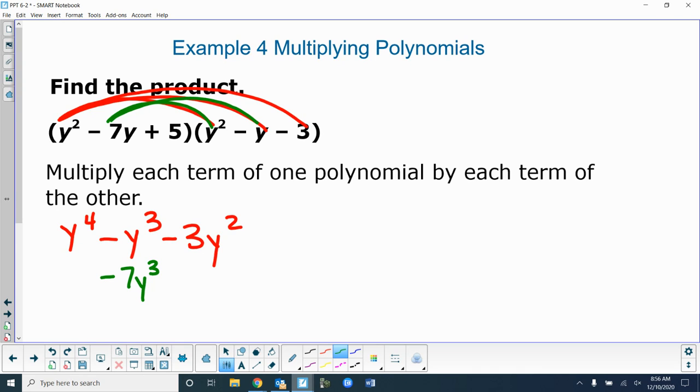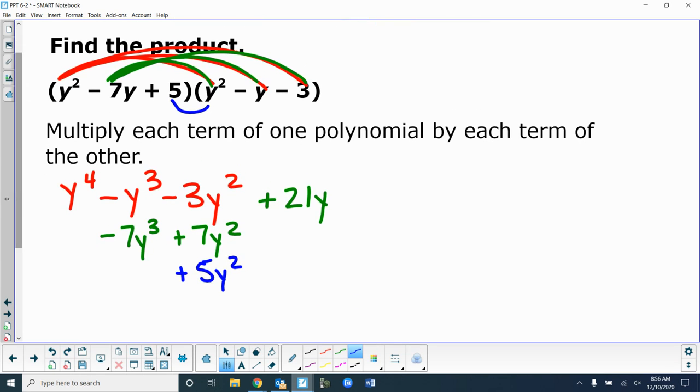Negative or positive 7y squared. And negative, no, positive 21y. 5y squared. That's positive, right? Yeah, minus 5y, minus 15. Any questions on how we got all 9 of those?